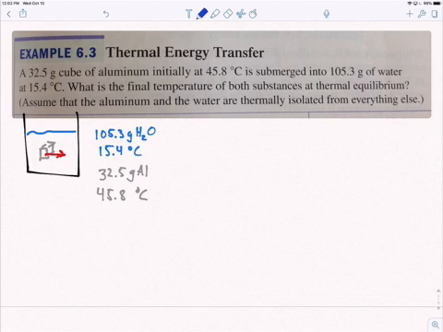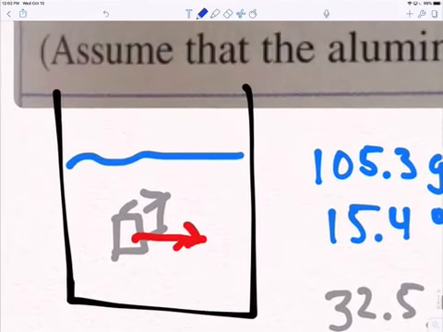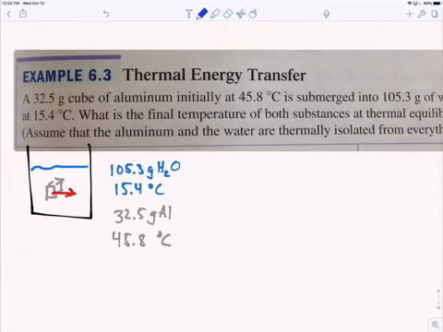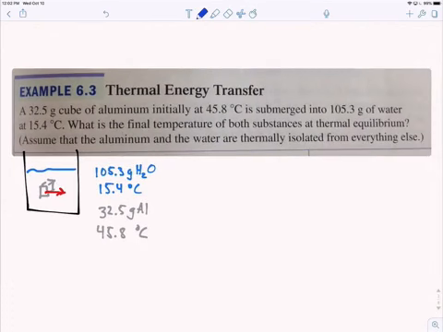Here's my beautiful Picasso-worthy picture of an aluminum cube in water, and the red arrow coming out shows the heat flowing out of the cube and into the water.